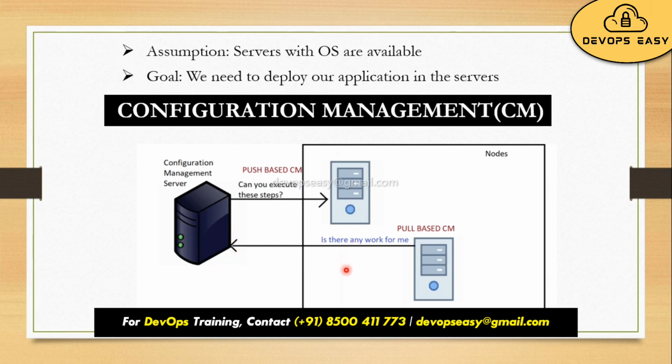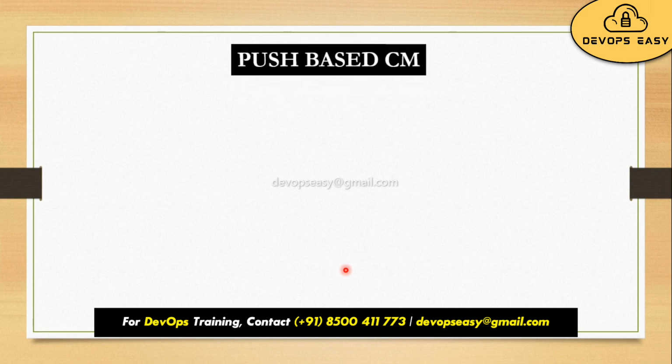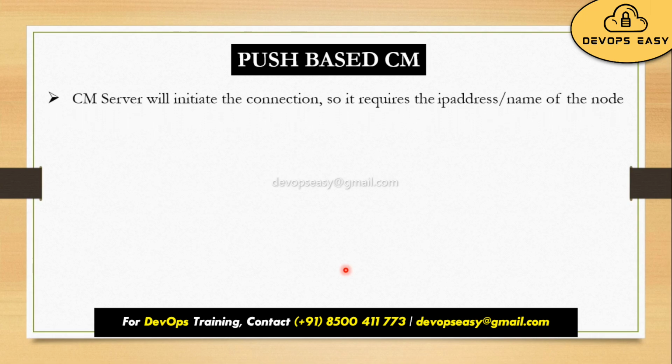So these are the two types. Still if you have confusion, no need to worry, you will understand. For push based configuration management, I will explain briefly what this push is. I told you configuration management will initiate the connection, so it requires the IP address and the name of the server. Here the master will go and communicate with the server node, right?